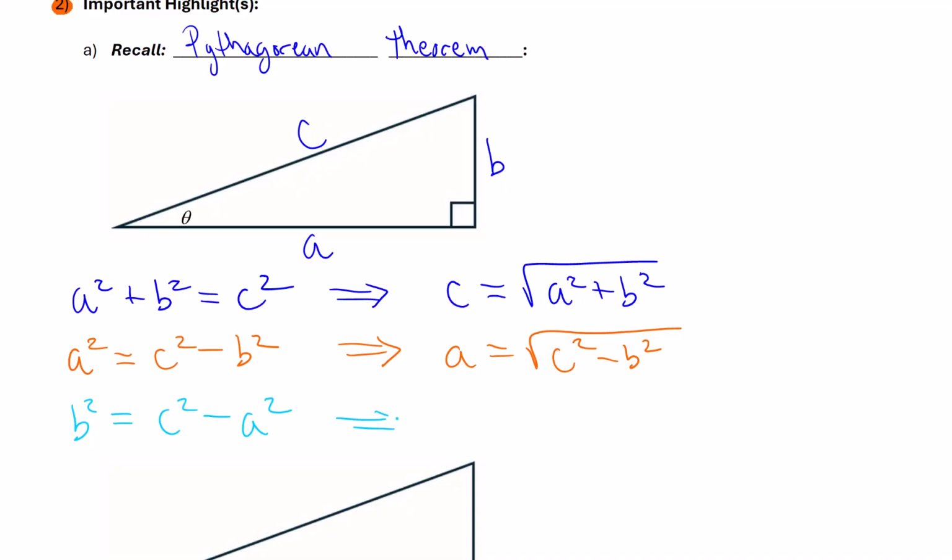And then, solving for just b instead of b squared by taking the square root of both sides, I'd end up with b equals the square root of c squared minus a squared.